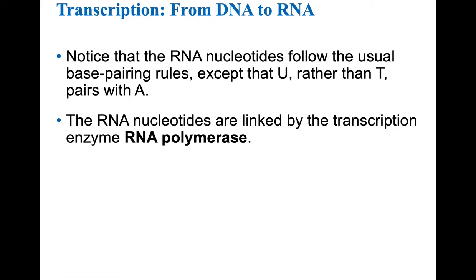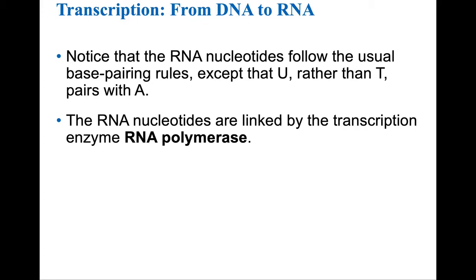Okay, now we're looking at the next possible steps. We've gone through the overview, and now I'm on page 179 talking about transcription. From this slide you'll see something brand new: RNA polymerase. That's because this starts off a whole new process.